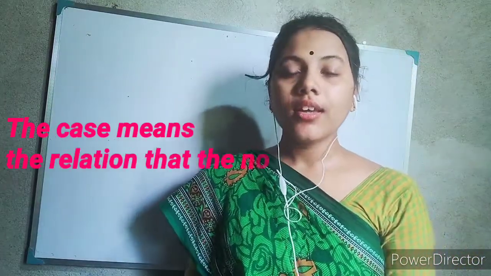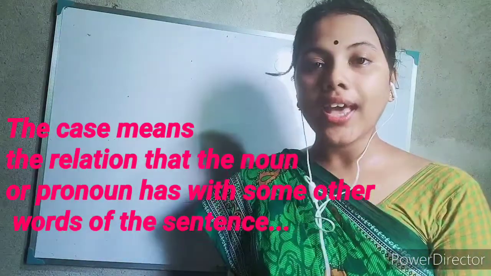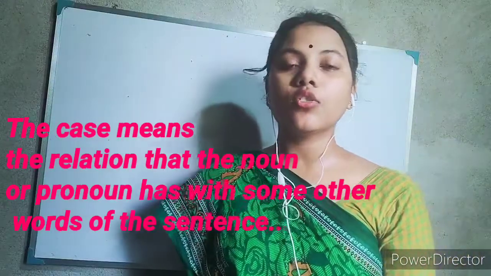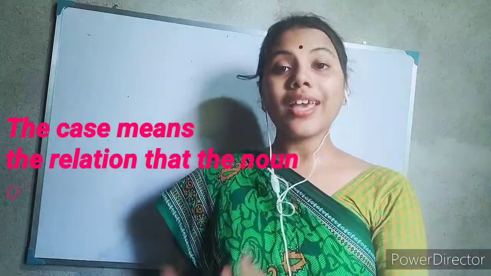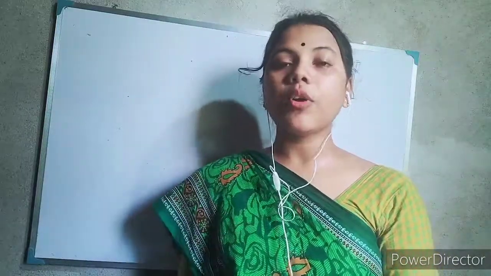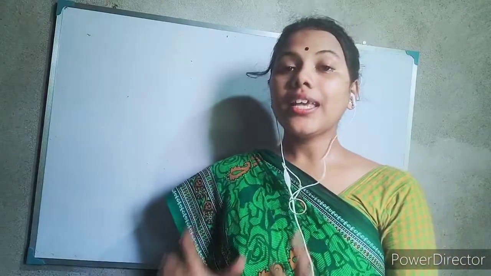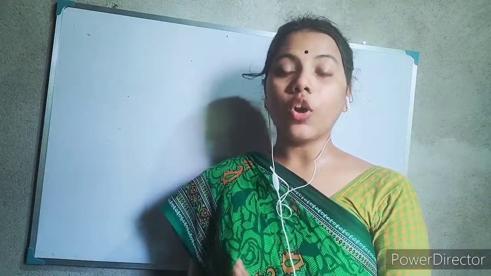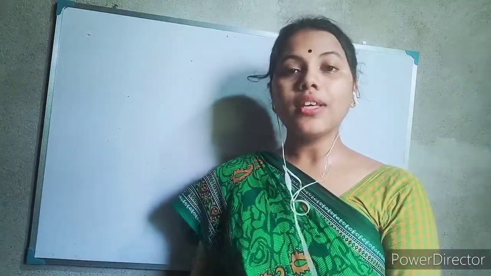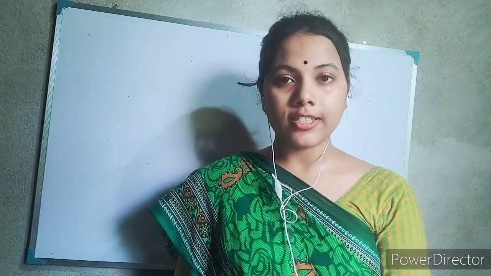Case means the relation that a noun or a pronoun has with some other words of the sentence. So case can be noun or it can be pronoun also. It is the most important point. And another important point is that it means the relation between the noun or pronoun with the other words of the sentence.